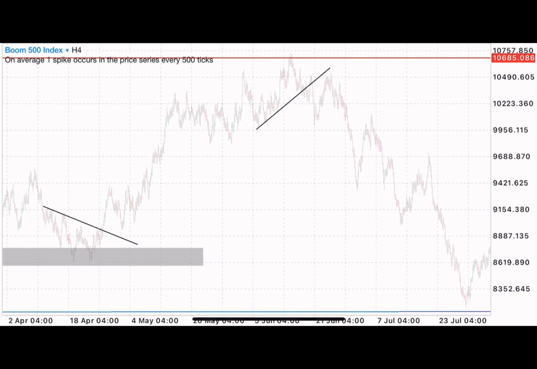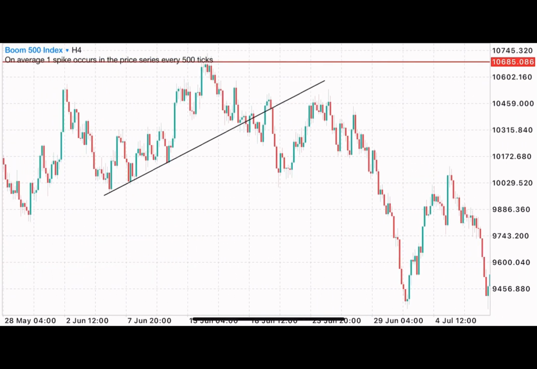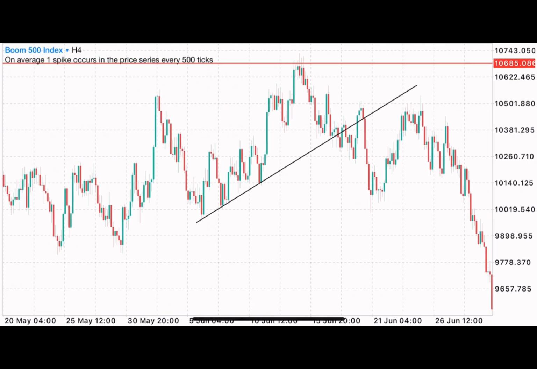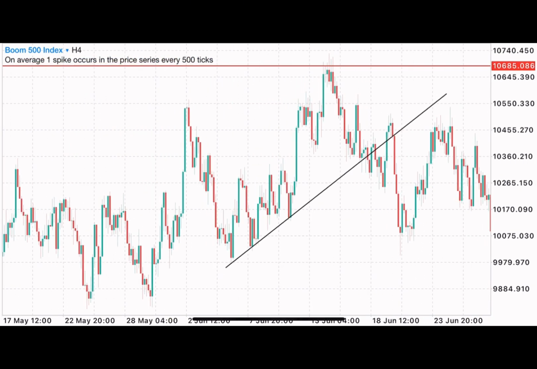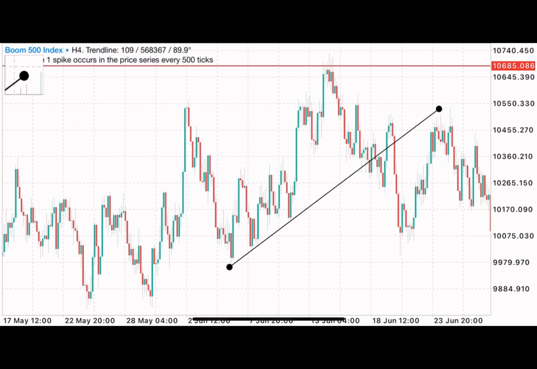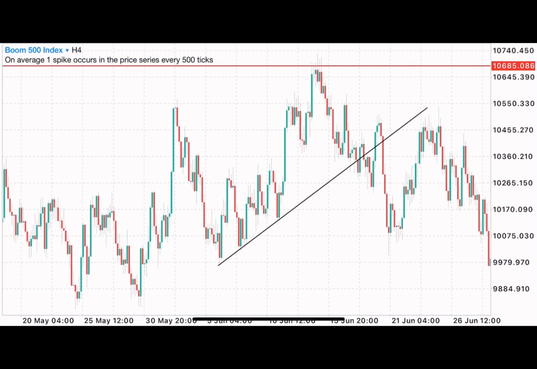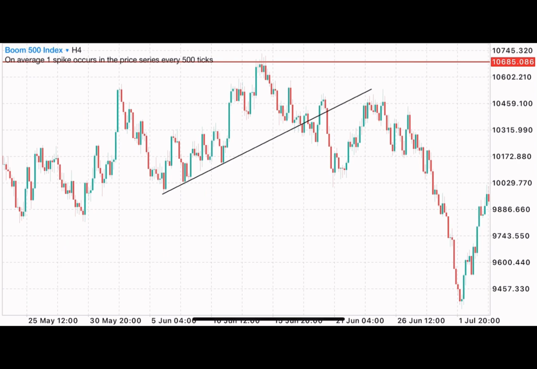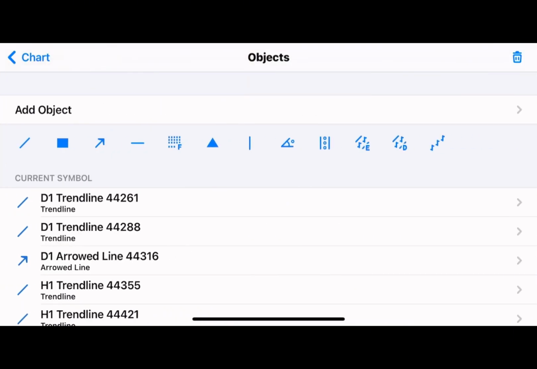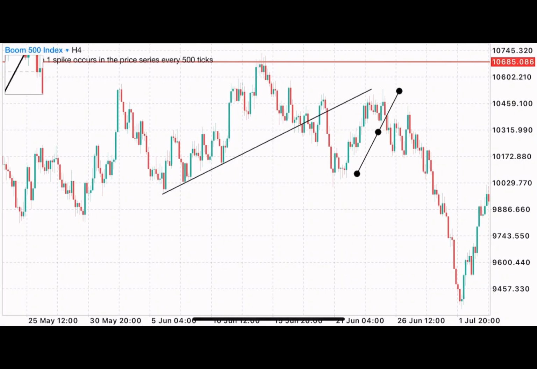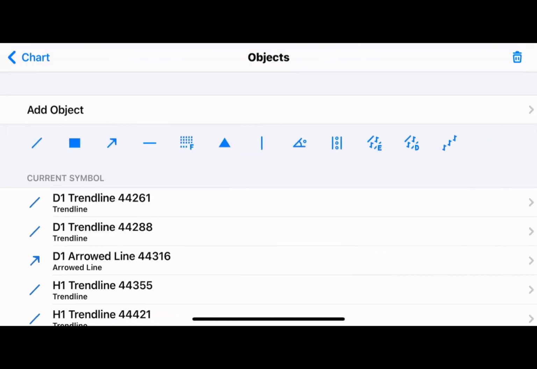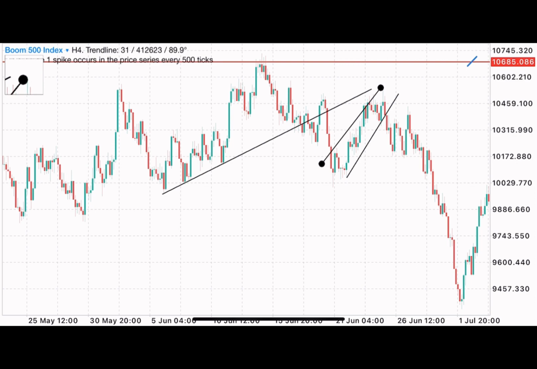Let's also identify other opportunities. So you enter there, and you would have targeted this trend line as your first target, right? Once your first target is reached, the next important thing is to wait for a pullback formation in the form of a channel or a pullback into that trend line.